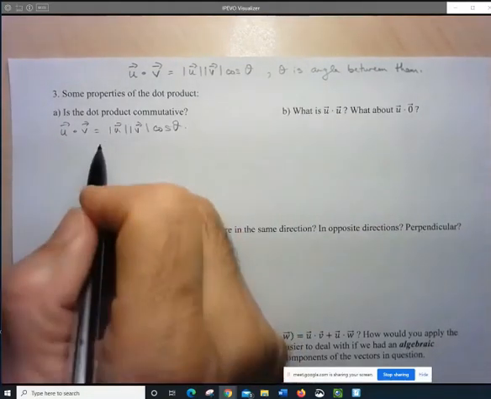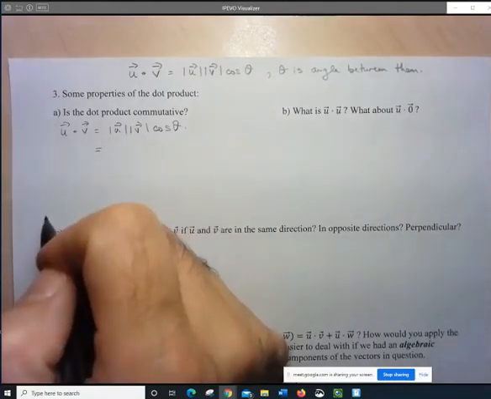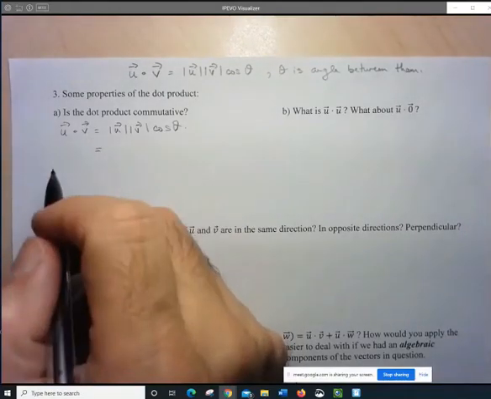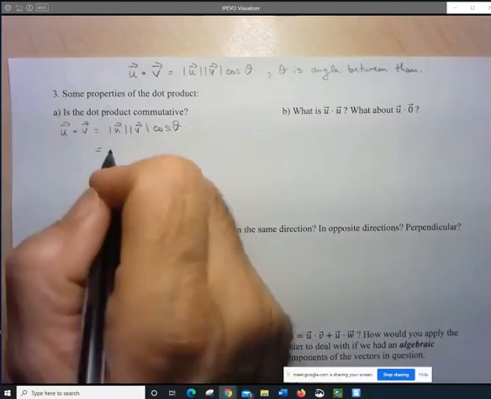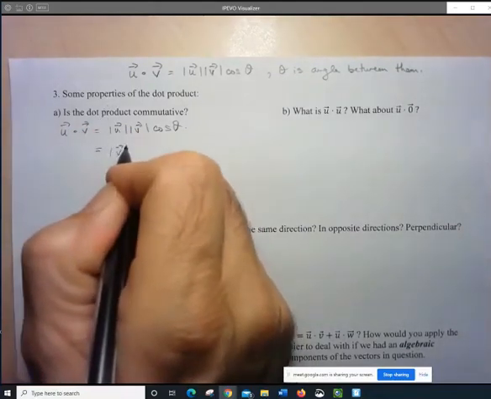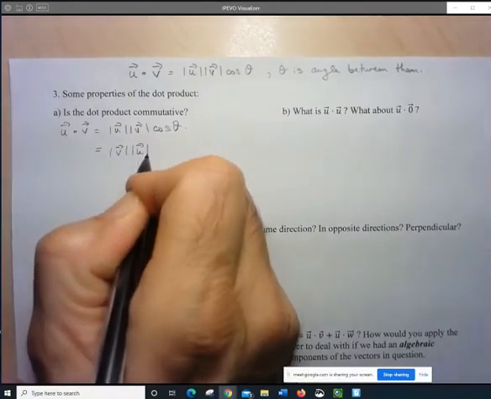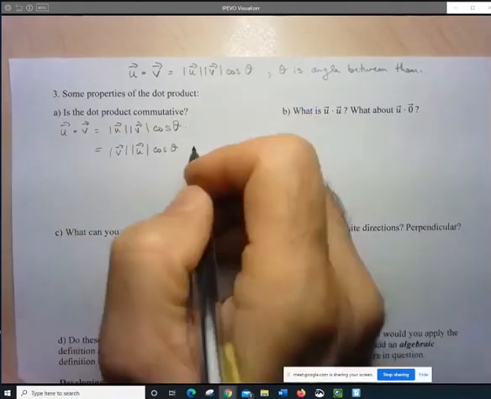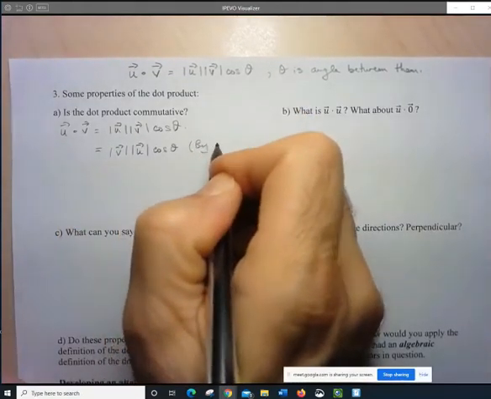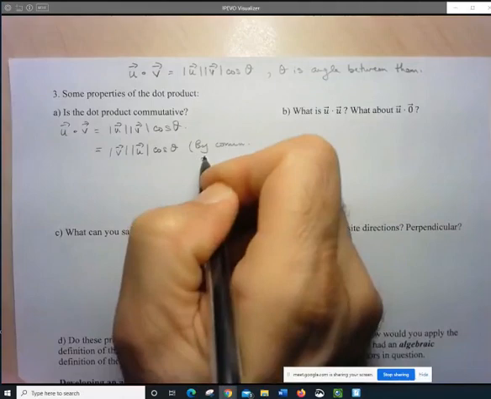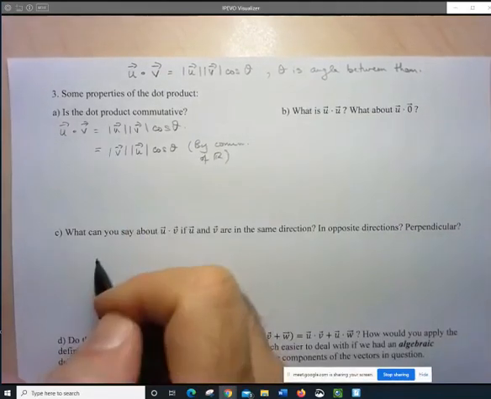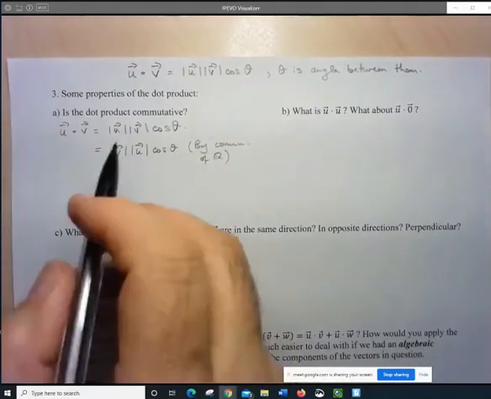Well, real numbers themselves are commutative under multiplication. Exactly. So nothing stops me from rewriting this as the magnitude of v times the magnitude of u times cos theta. This is by the commutativity of real numbers. But what is this equal to?